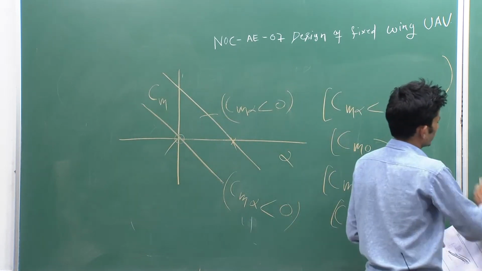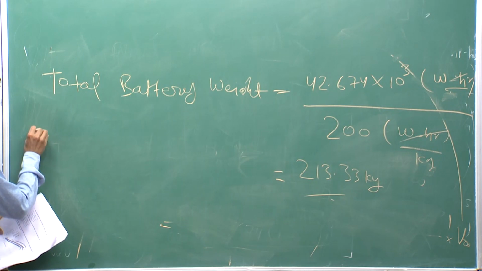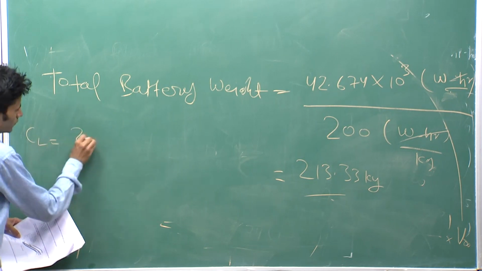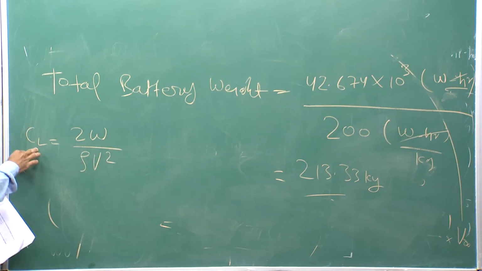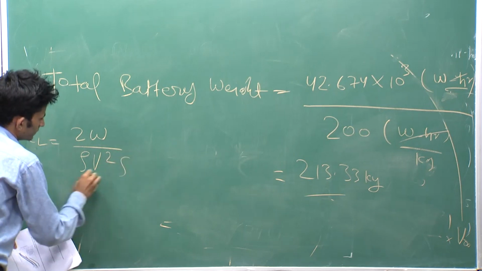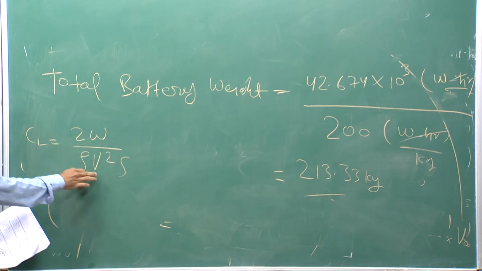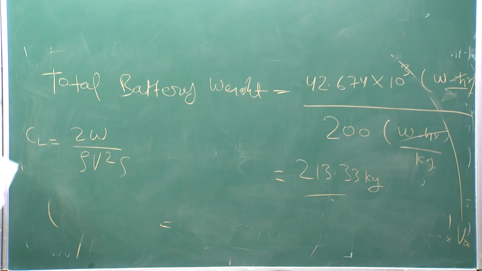See, if you write lift equal to weight, CL equals 2W over rho V square S. If your CL increases, keeping all the other parameters constant, then V will decrease. So just pick the airfoil which has higher CL max. In this condition airfoil S1223 will have the higher CL max. So for that particular airfoil the stall speed will be lower compared to all.